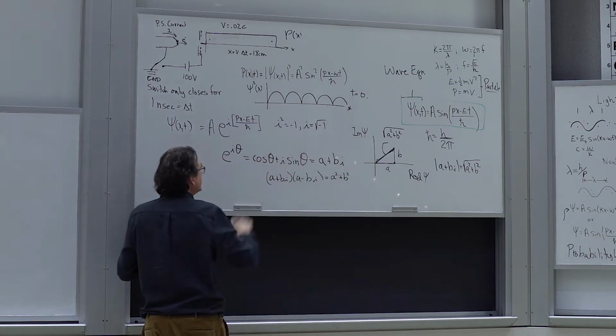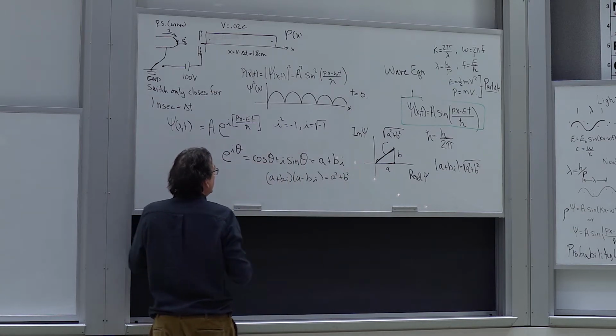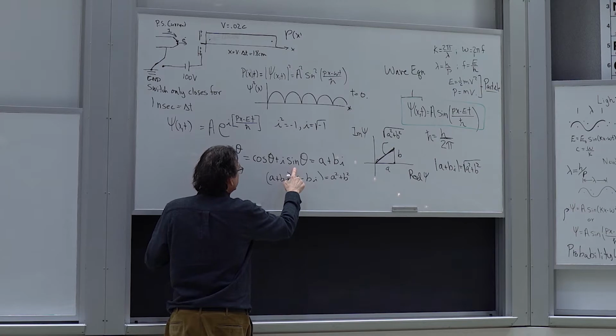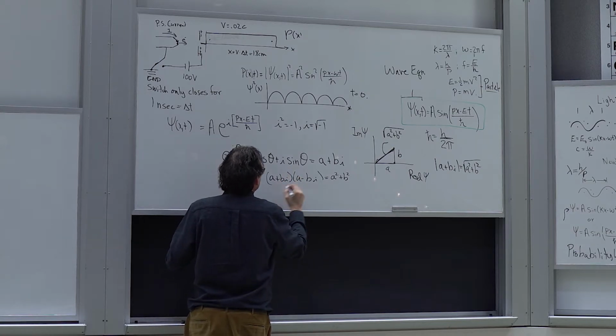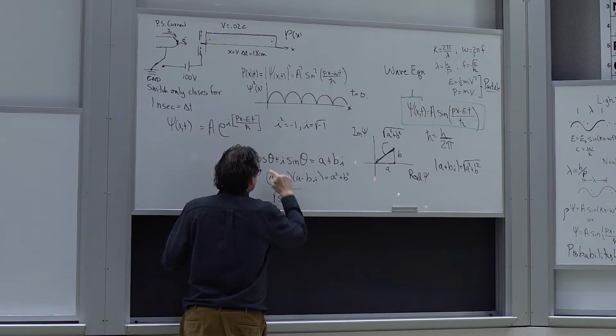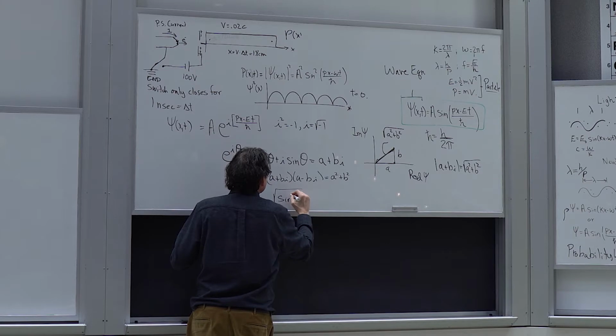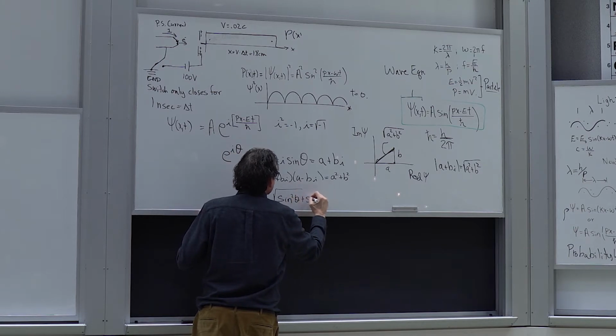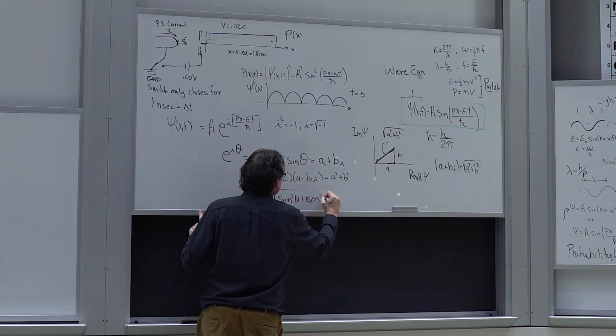Right? But in this particular case, a is cosine, b is sine, so the square root of these two quantities, a and b, is sine squared theta plus cosine squared theta, and that is always equal to 1.